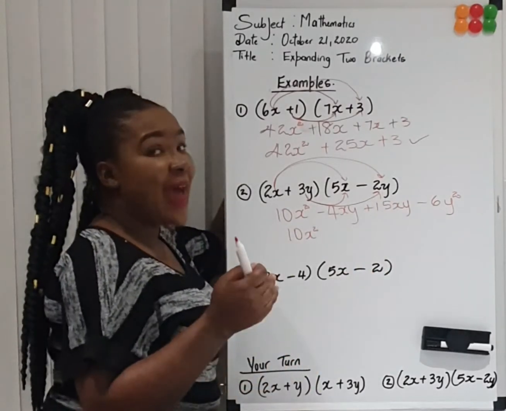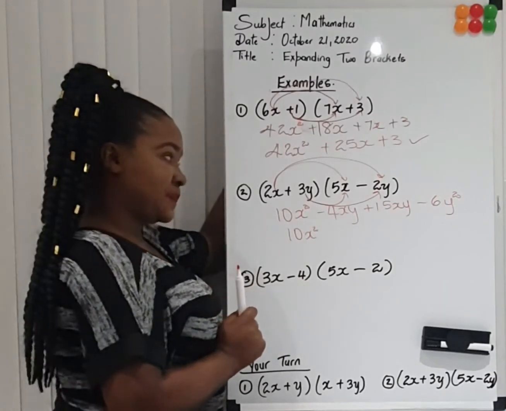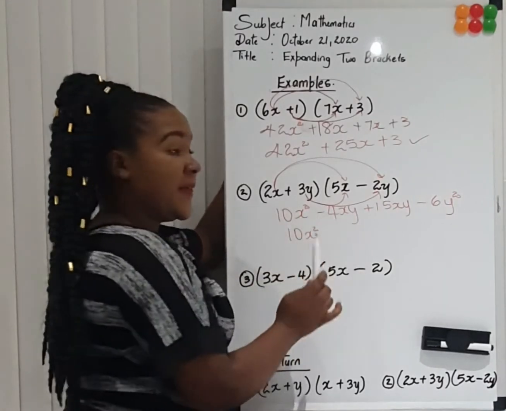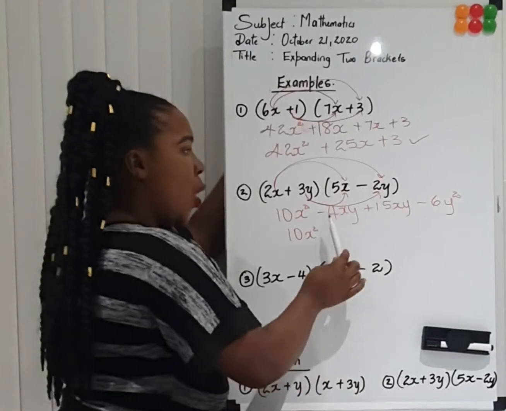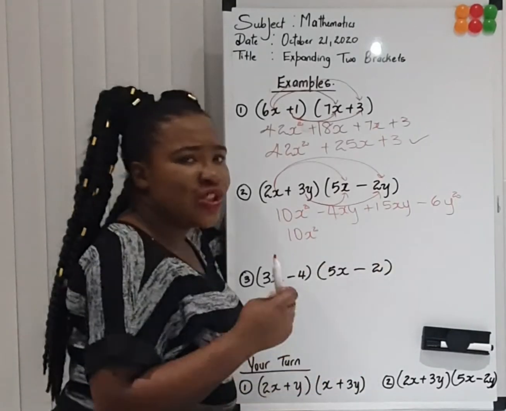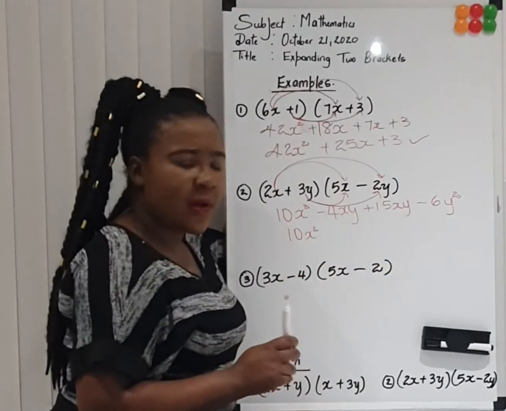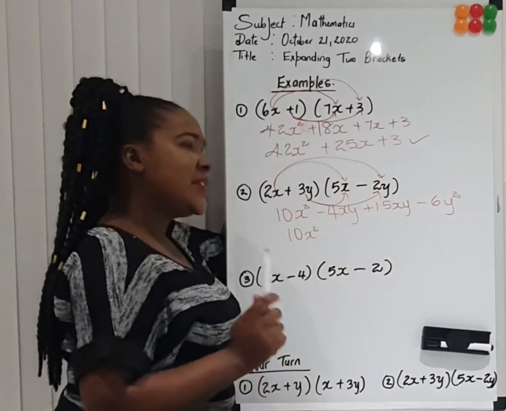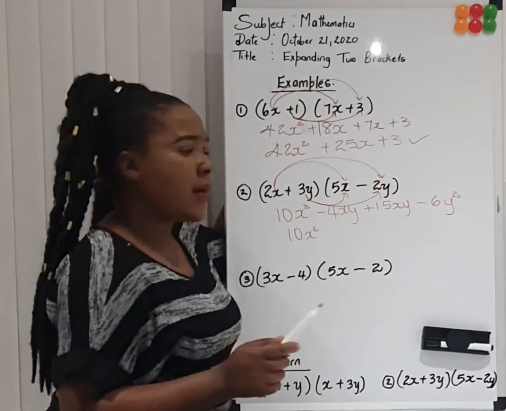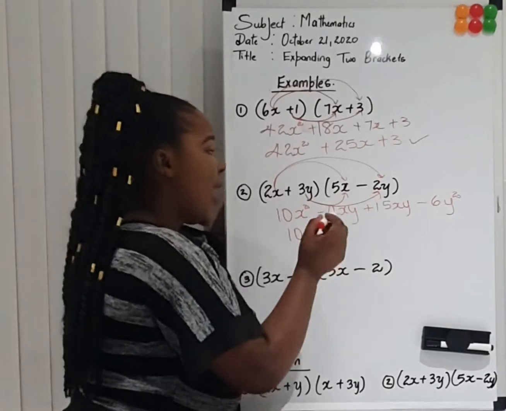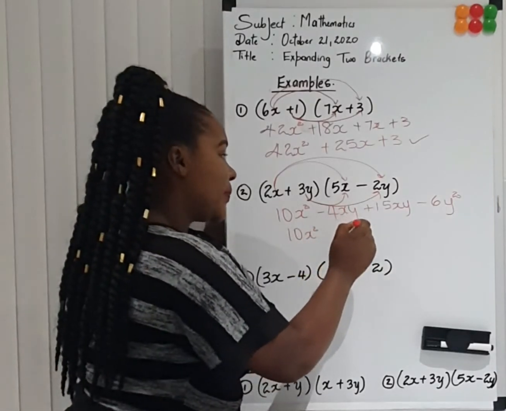That means I can add or subtract them. So I have negative 4 plus 15. Oh, the signs are different. So what am I going to do? If the signs are different, then I subtract. So I say 4 from 15, and that leaves me with 11.